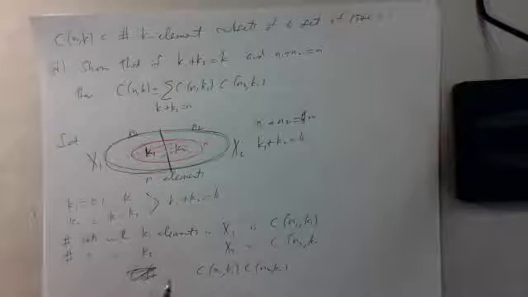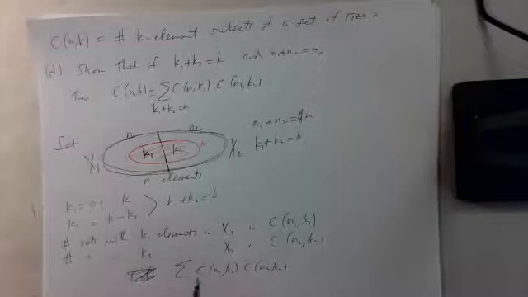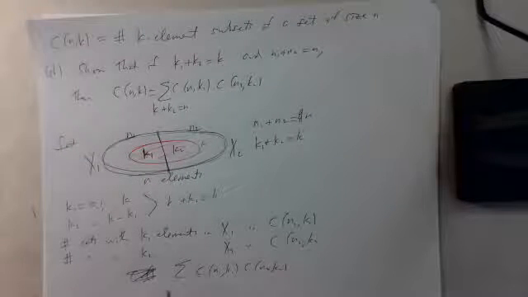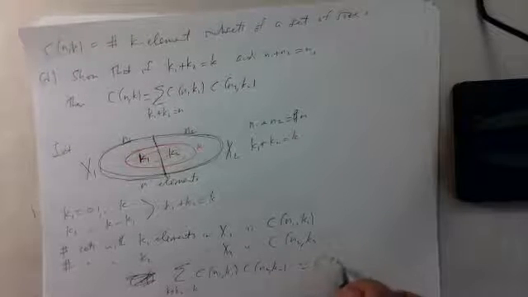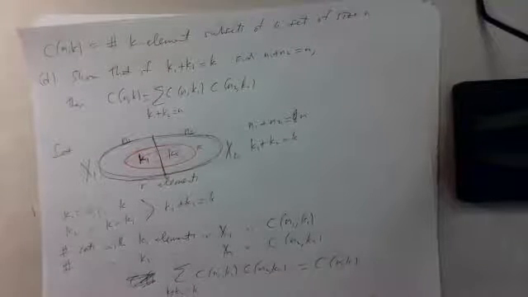And k1 can be any number from 0 up to n. k1 plus k2 is any way to write k as a sum of k1 plus k2. And if you add this up for all the possible values of k1, this is exactly C of n, k.